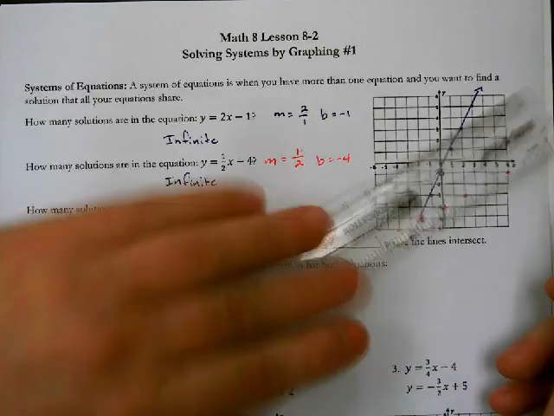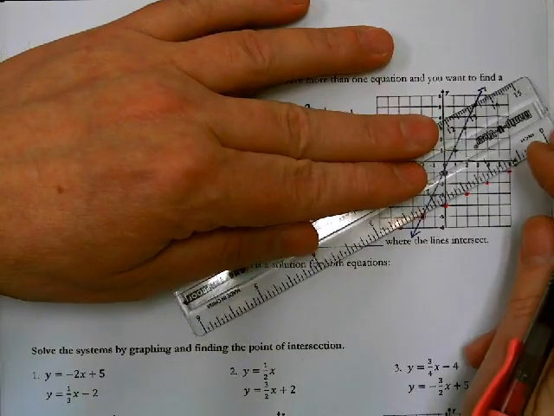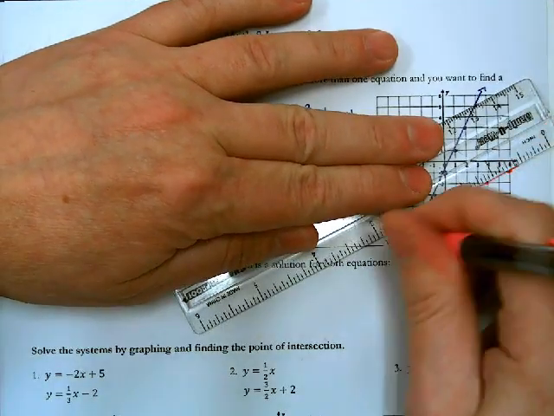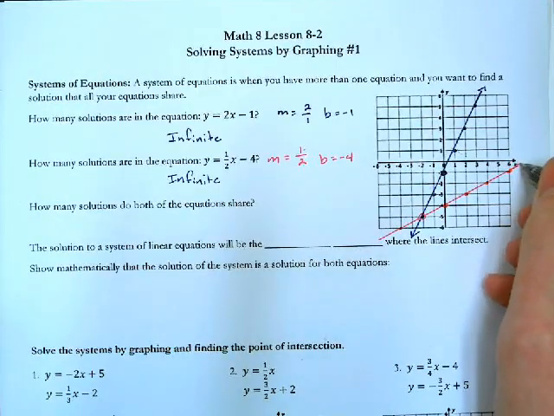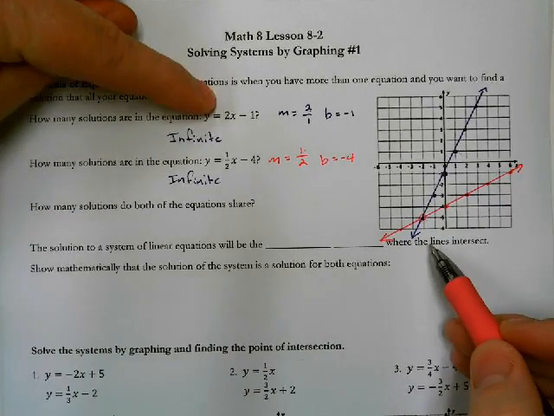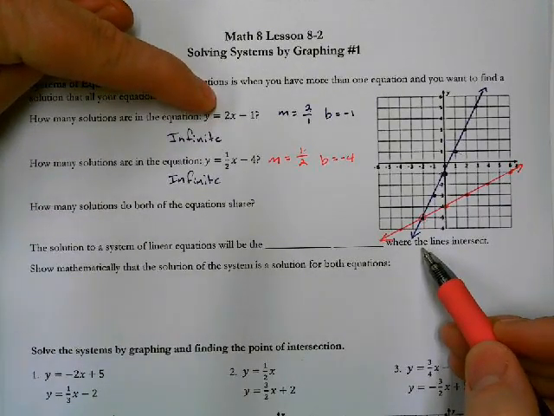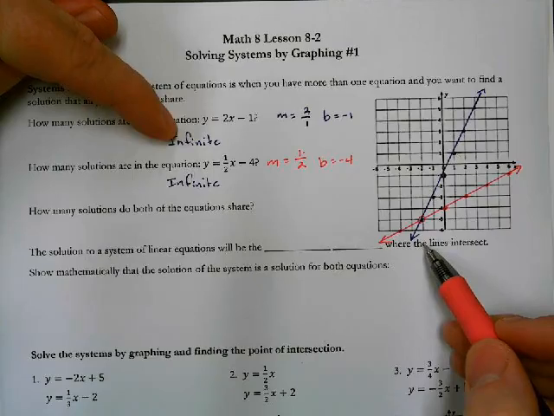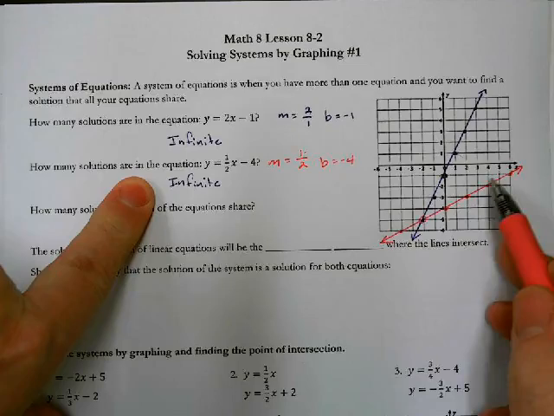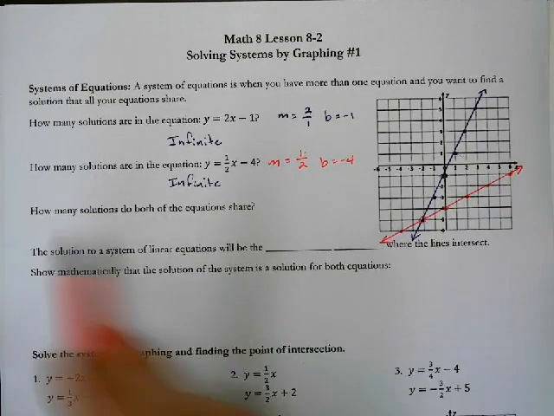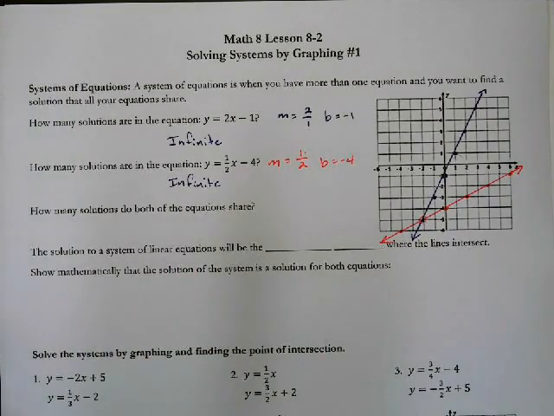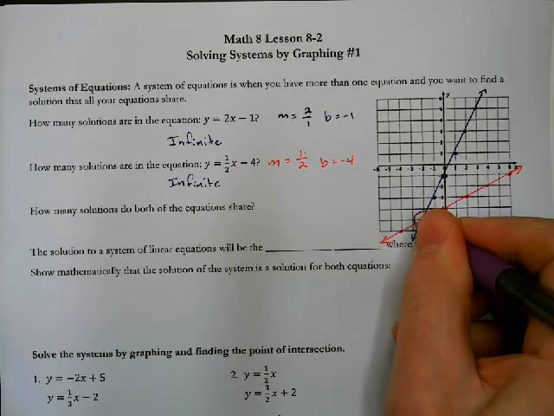So this pink line represents all of the possible solutions that would work for the second equation. So the blue line, first equation, those are all the possible solutions that work, the infinite number of solutions. Pink line, second equation, those are all the infinite number of solutions that would work there. So how many solutions do both of the equations share? They only share one solution.